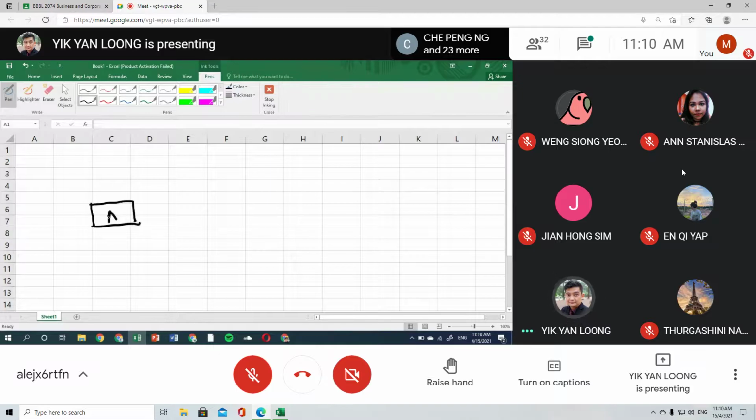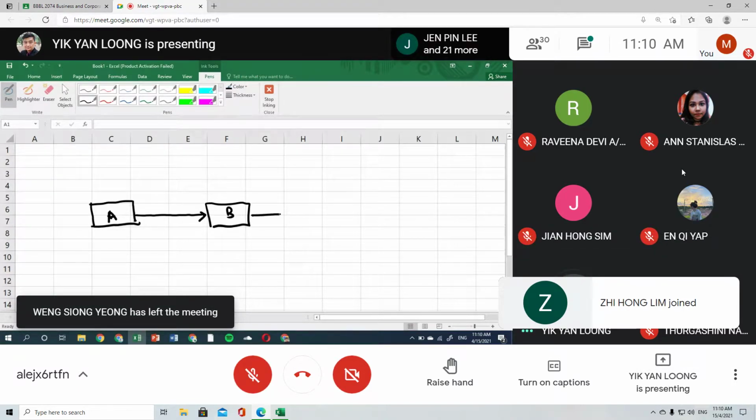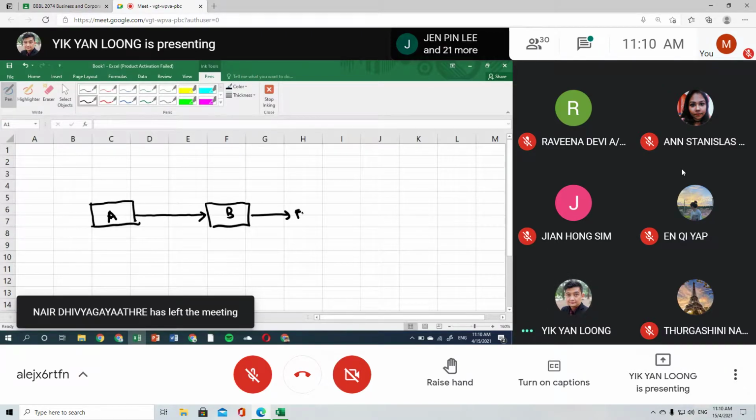Division A supplies to division B, and division B will use the subcomponent to produce the final product, which is the finished good.